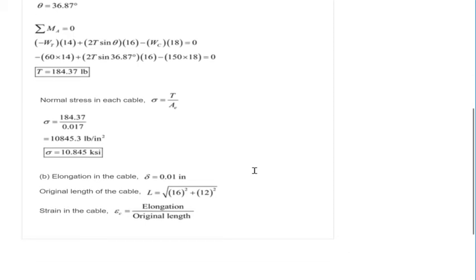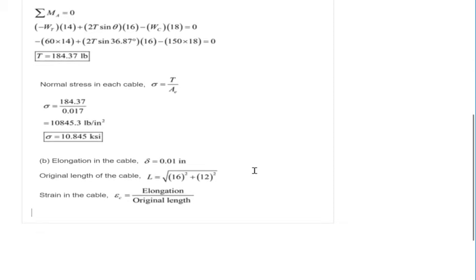The elongation of the cable is 0.01 inches, and the original length of the cable is the hypotenuse of that triangle, the square root of 16 squared plus 12 squared, and the strain of the cable would be the elongation over the original length.